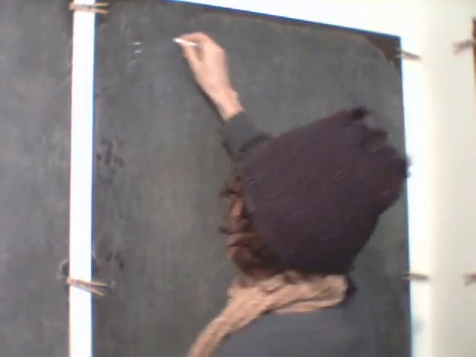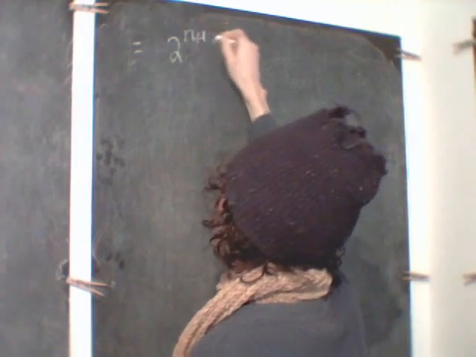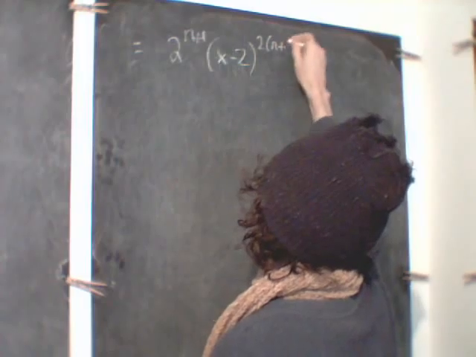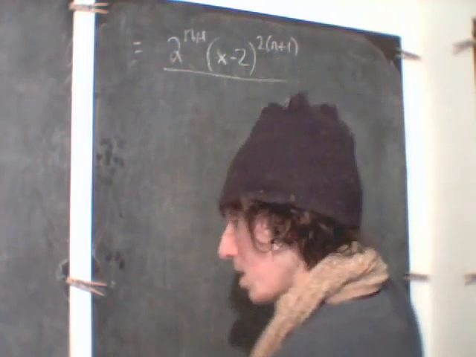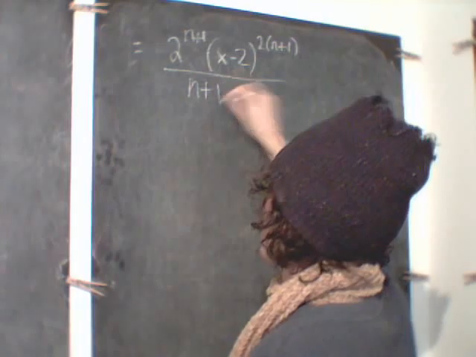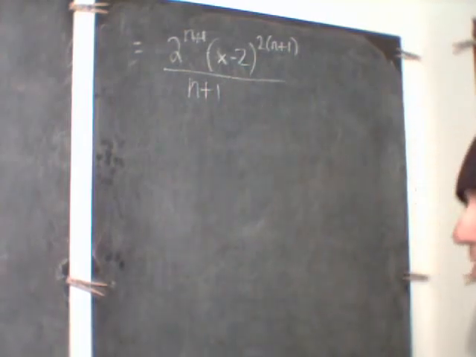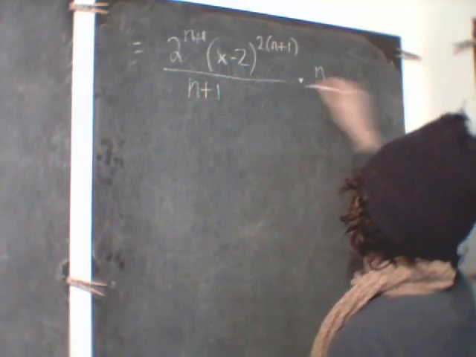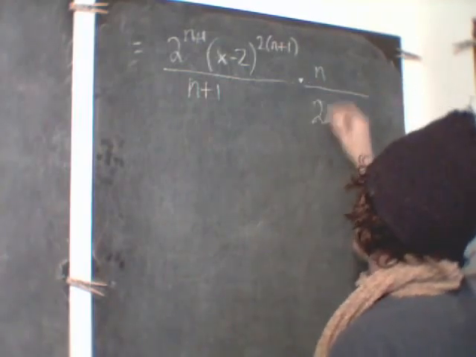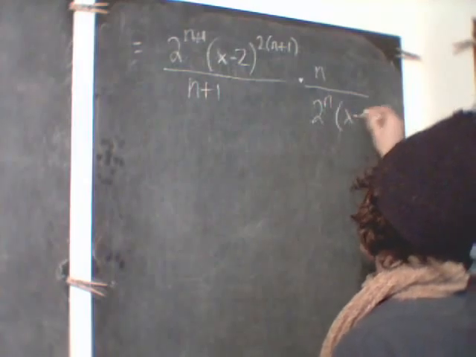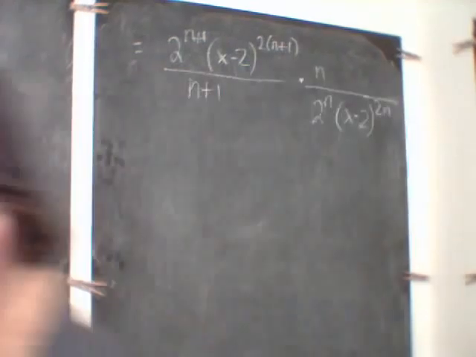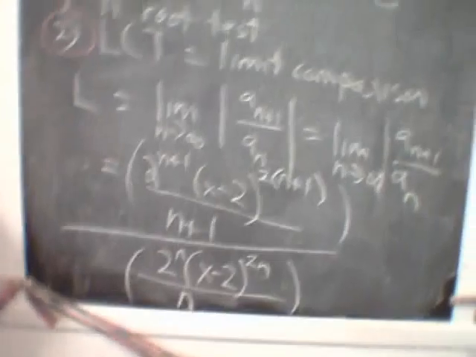It's equal to, as we already saw, 2^(n+1) (x minus 2)^(2(n+1)) all over n plus 1. And then the trick is, this bottom denominator, we can flip it and put it as n over 2^n times (x minus 2)^(2n). That's how you rewrite the denominator.